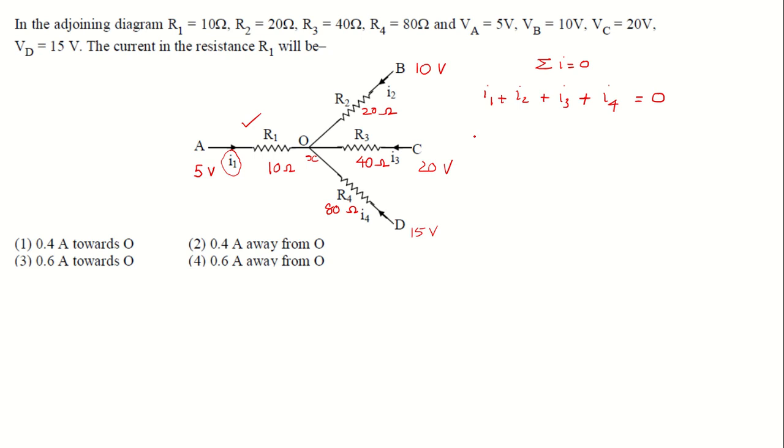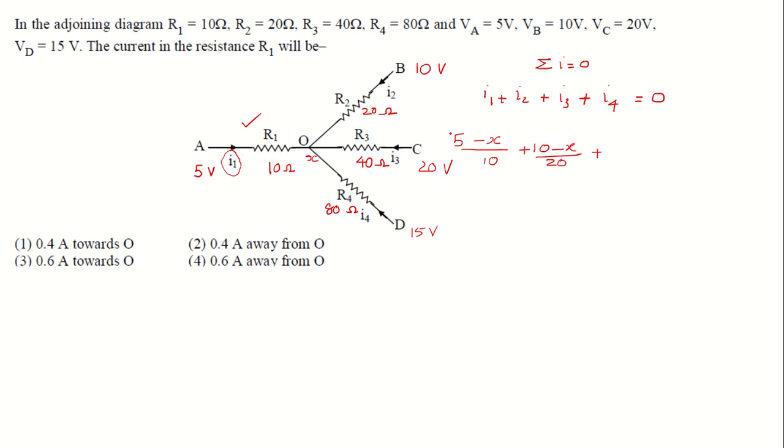So the potential difference for that arm: the higher potential is 5 volt minus the potential at O, which is X, divided by the resistance 10. That plus, what about I2? The higher potential is 10 volt minus X at the point O, divided by the resistance, which is 20.